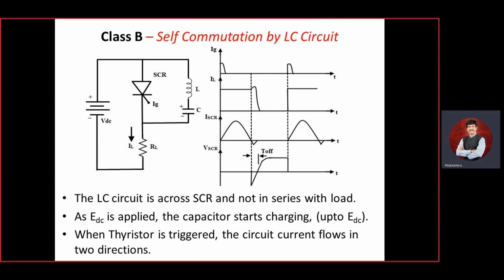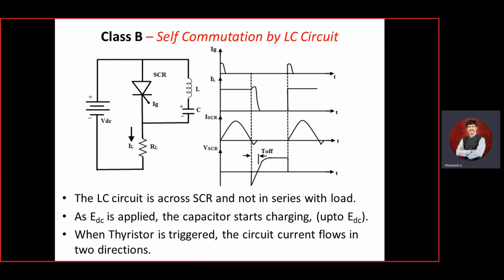The first direction starts from EDC plus, then the thyristor, then RL, then EDC negative. The second one starts from C plus, then L, then the thyristor, then C negative.